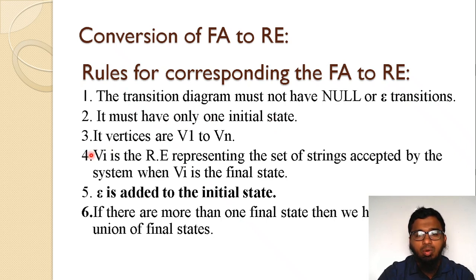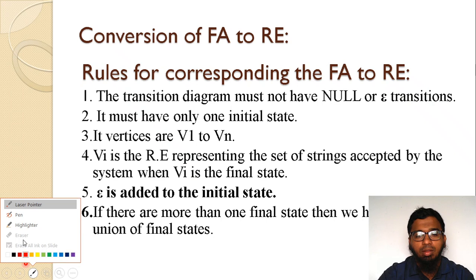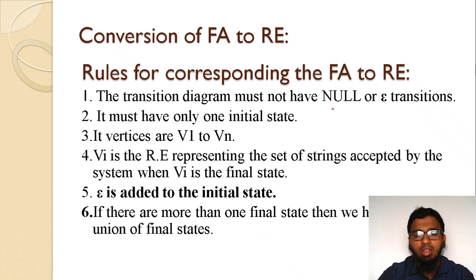Next, its vertices are V1 to Vn. What is this V1 to Vn? Like any vertices, for example 1, 2, 3, 4. Vi is the regular expression representing the set of strings accepted by the system when Vi is the final state.